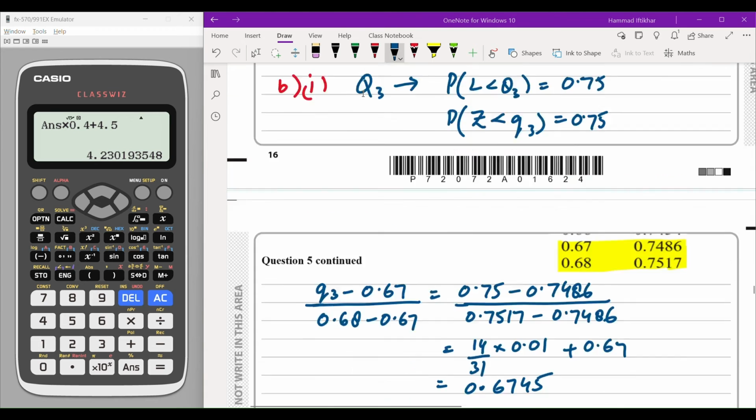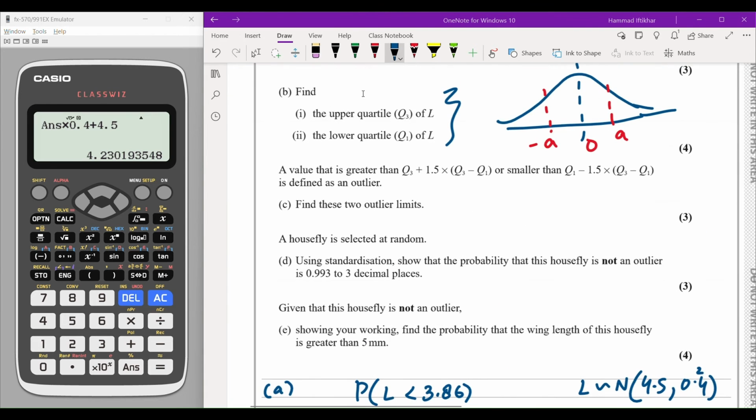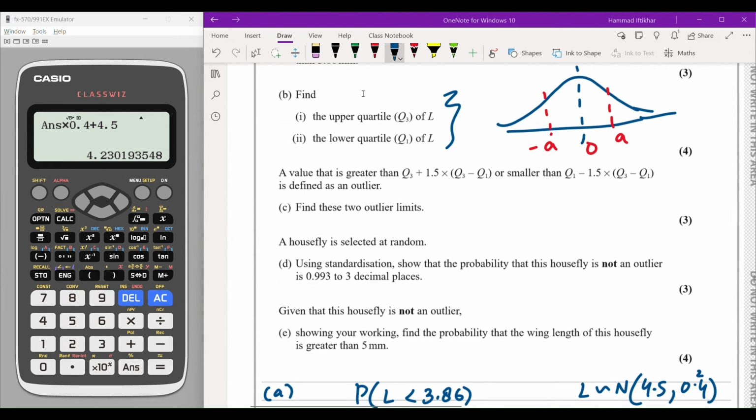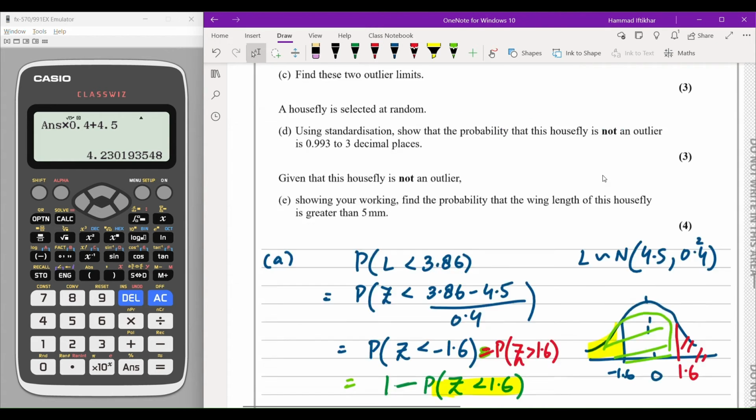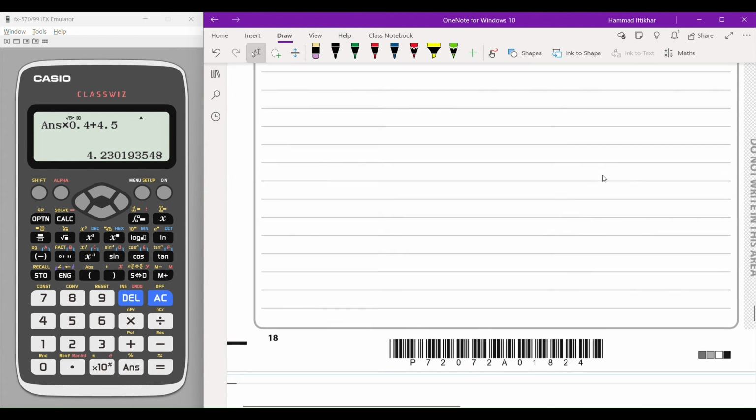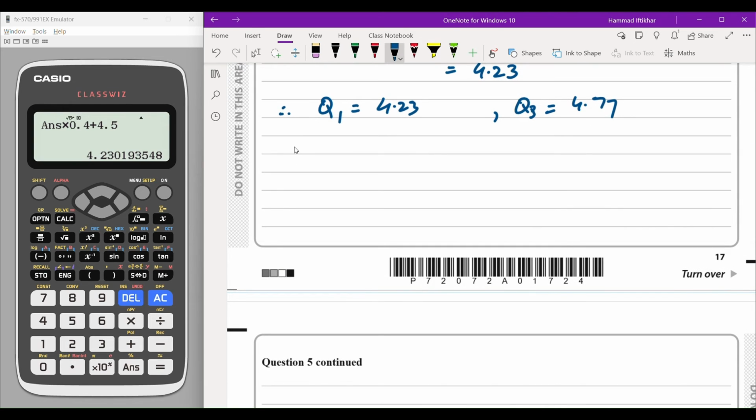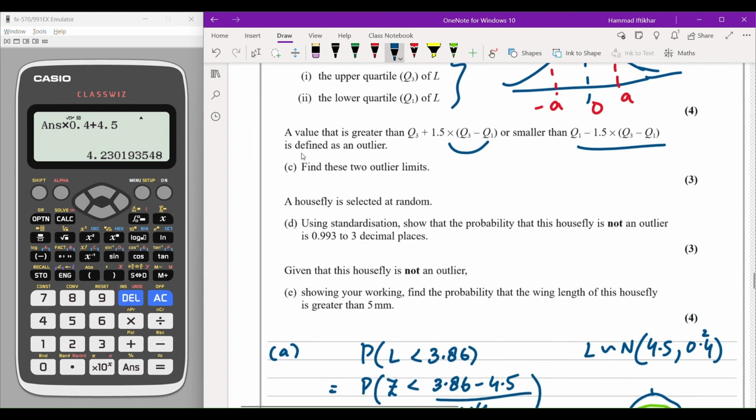Okay, all right, moving on. A value that is greater than Q3 plus 1.5 times Q3 minus Q1 or smaller than this is defined as an outlier. Find these two outer limits in terms of the L. Okay, which part was it, sorry?